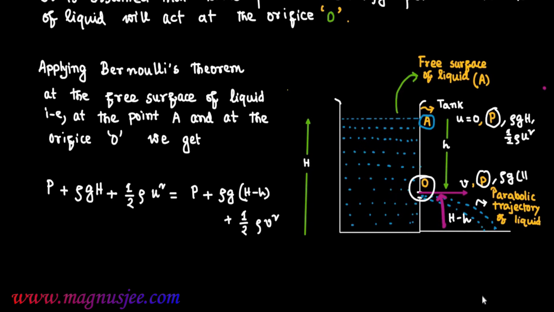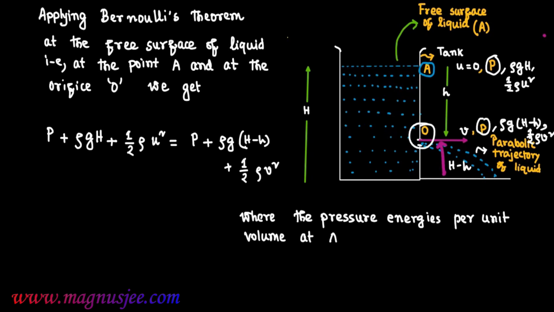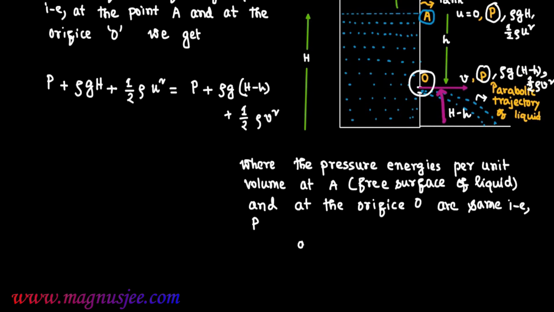That's why the potential energy per unit volume is rho g (H minus h), and the kinetic energy per unit volume of the liquid is half rho v square at the orifice O. The pressure energies per unit volume of liquid at the free surface and at the orifice O are the same, that is P.